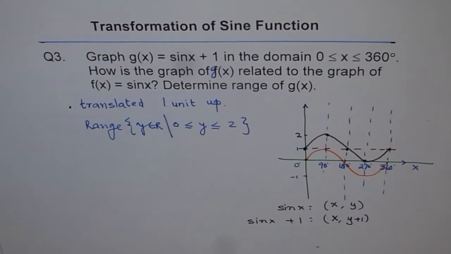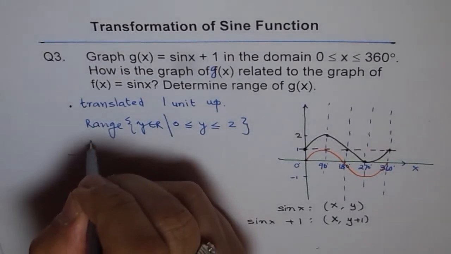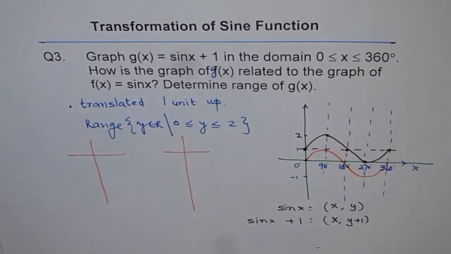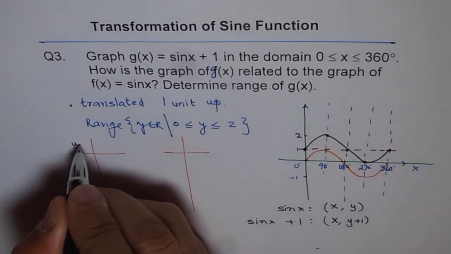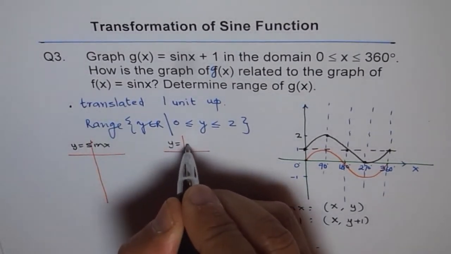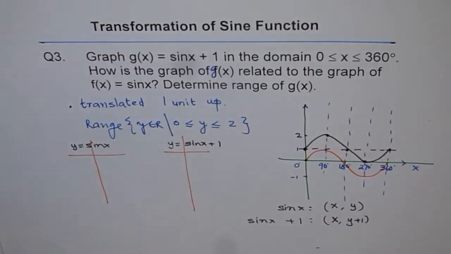So that is the major transformation of the points, right? At times when you sketch the graph, it is important to make a table of values, right? So I'll make 2 tables of values here just to show you the transformation of points from y equals sine x to y equals sine x plus 1, right?